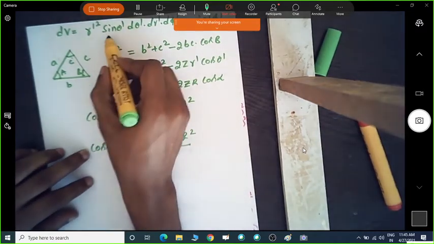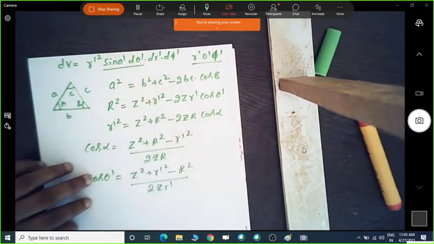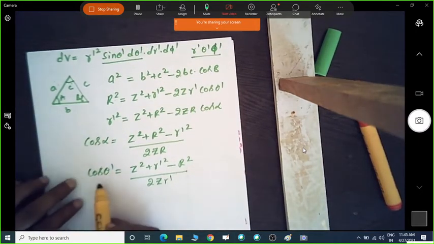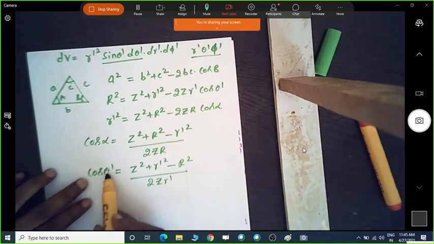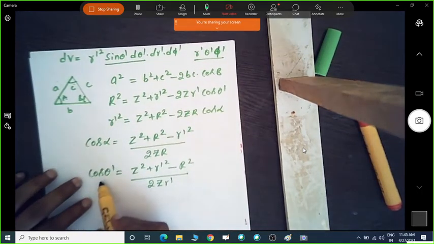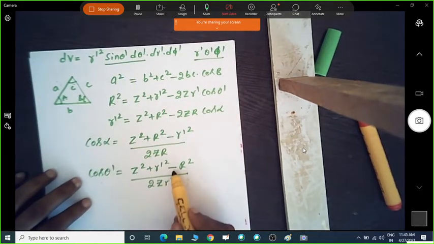Now we can see here, with respect to the elemental volume, we have sin theta dash into d theta dash. We have to evaluate that. For that, if I take the differentiation of this, we will get sin theta dash and d theta dash in terms of r and r dash.